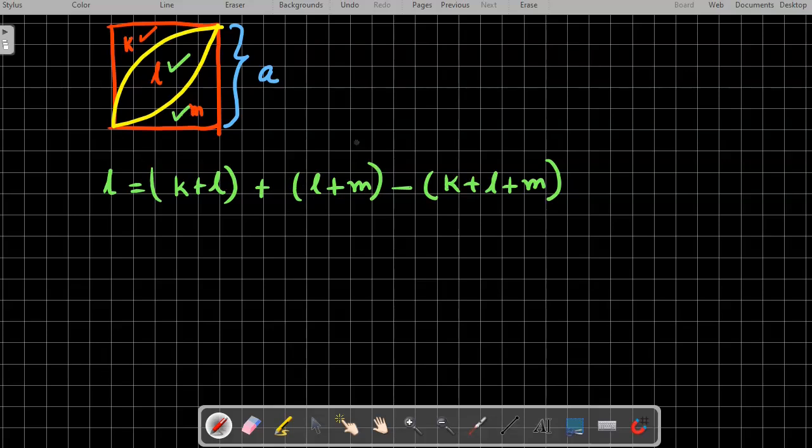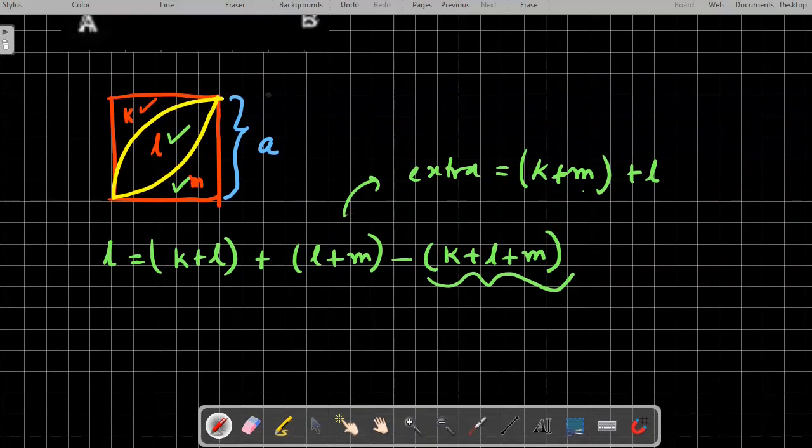What is extra? The extra component from here we have K plus M and 1 L. We need only 1 L, so extra component from here is K plus M plus L. So we will subtract this extra component. Okay, now thus we can find the area of L.